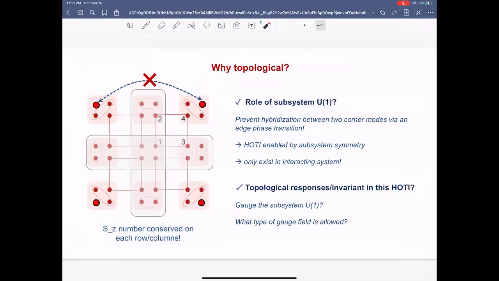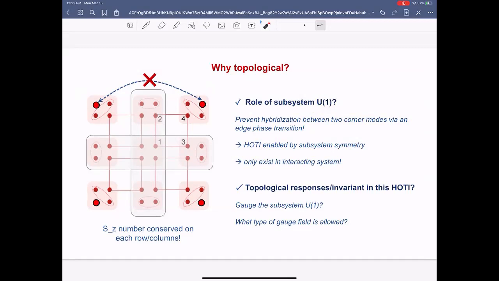And hence, if we have subsystem U1 symmetry, there's no way for you to hybridize the two spins localized at a corner, unless you close the gap at the bulk. So this is a higher order topological insulator, which is protected by both the global time reversal symmetry and a subsystem U1 symmetry.